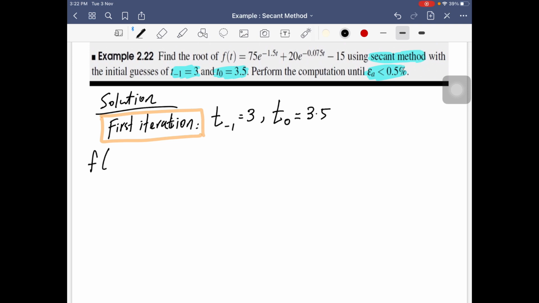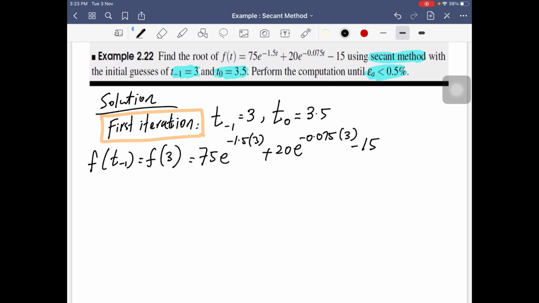First we calculate f(t -1), which means f(3). If you substitute into your function and use your calculator with 4 decimal places, you should get 1.8035.